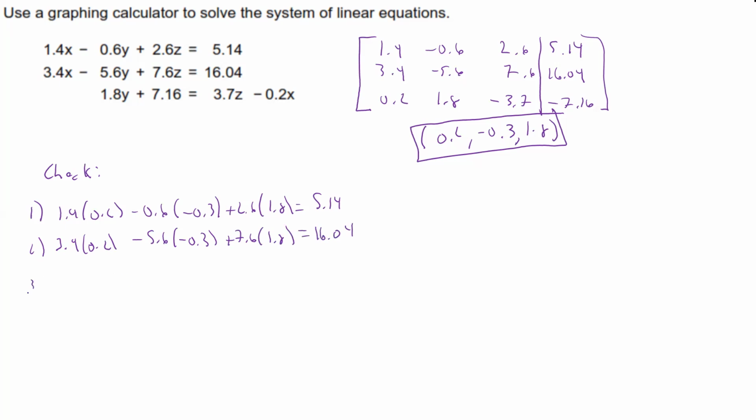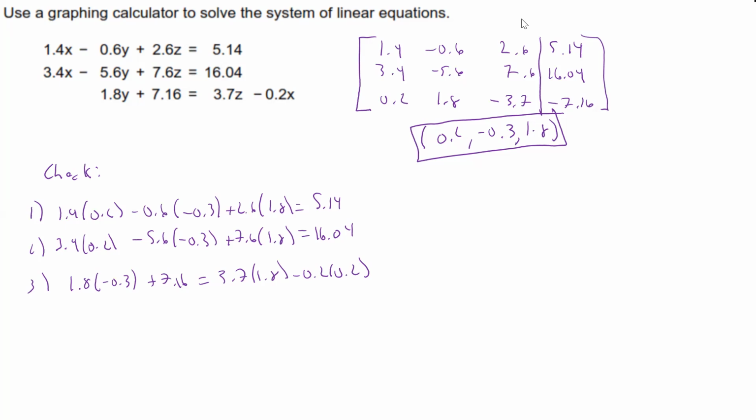And then on our last one, we have 1.8 times negative 0.3 plus 7.16, and that's equal to 3.7 times 1.8 minus 0.2 times 0.2. All right, so let's write all that down.